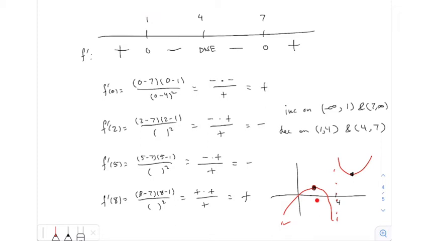That's where these points are. Basically, the same procedure that we've just been following is sufficient to find where the minimum and the maximum points are. And not only that, but by looking at the chart, you can tell the difference between a local minimum and a local maximum.